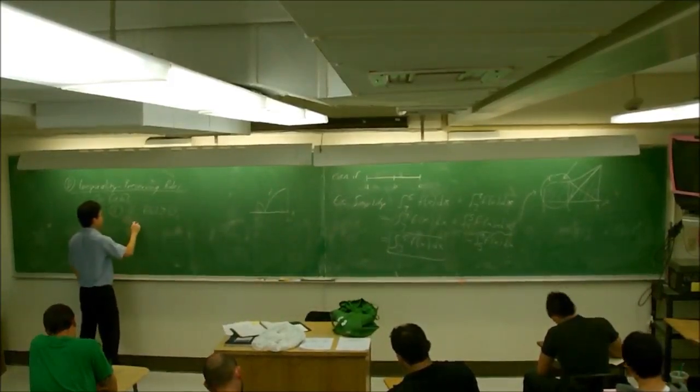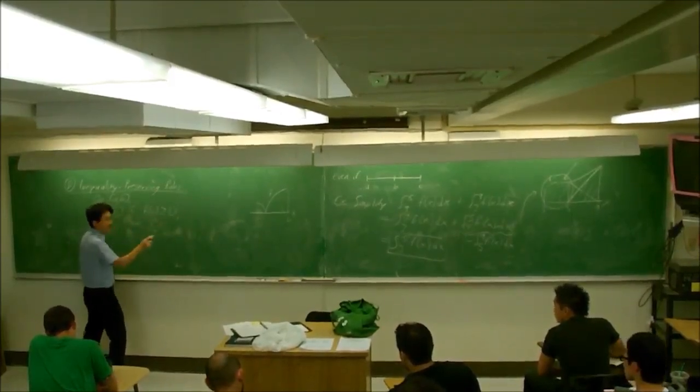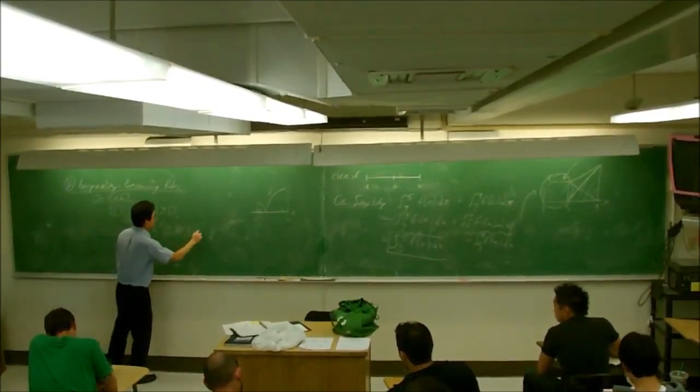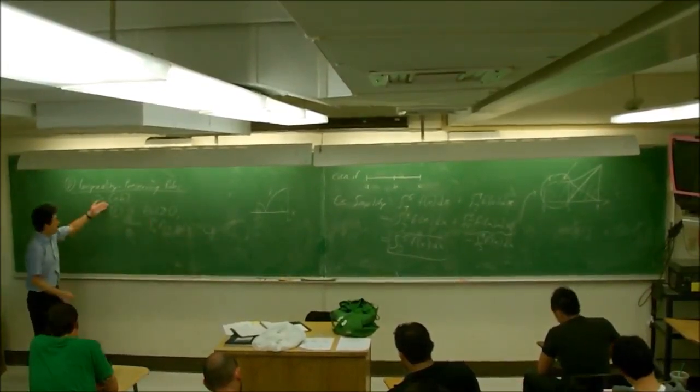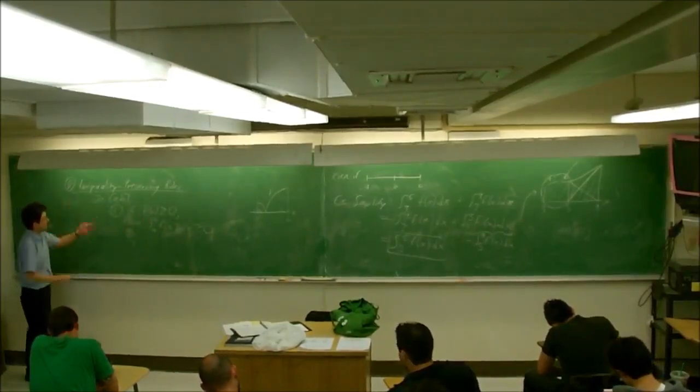Then the integral from A to B, f of x dx, is also non-negative. And by the way, when I write something like this, it's implicitly assumed that B is greater than A.